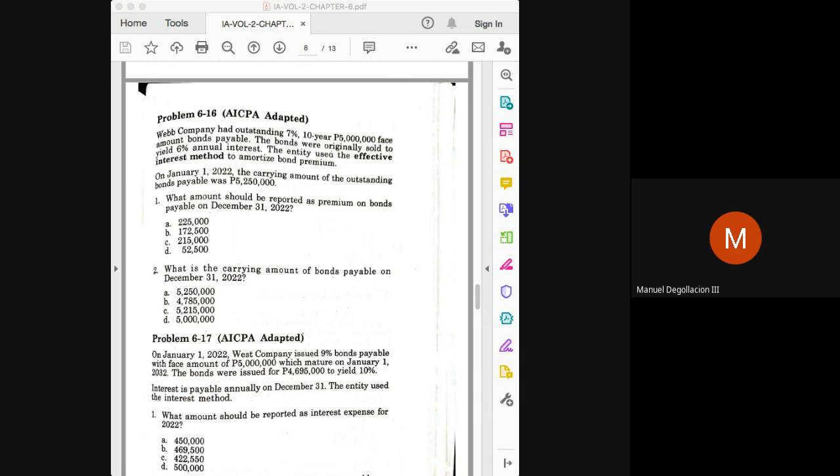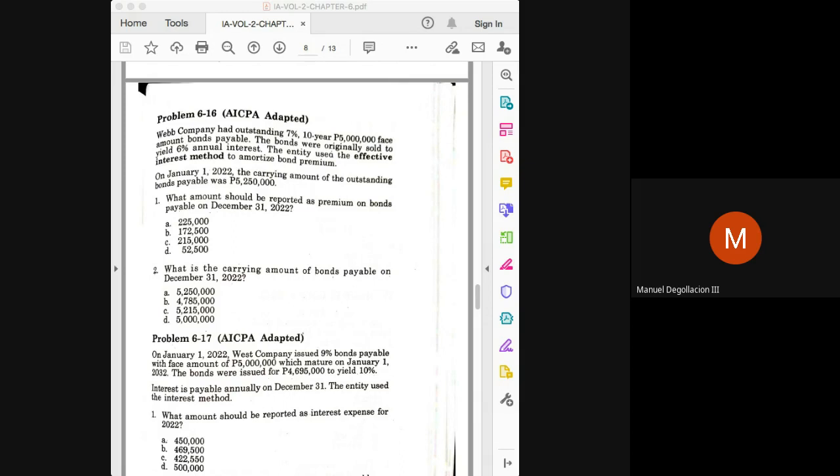To some extent, you can compare this to our discussion on the allowance for doubtful accounts when we use the percentage of sales or the percentage of AR. When we use the percentage of sales, we get the doubtful accounts expense first, and then we will use that one to get the adjusted balance of your ADA.